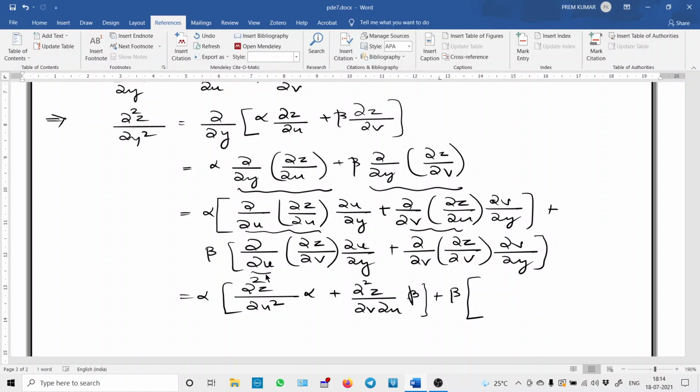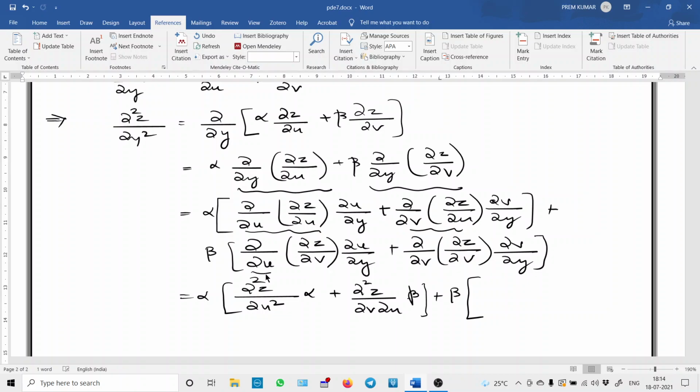So now finally we write this one as alpha square into ∂²z/∂u² plus alpha beta, and these we can combine, both are same.